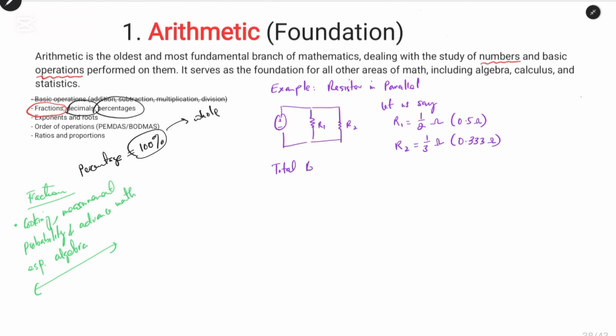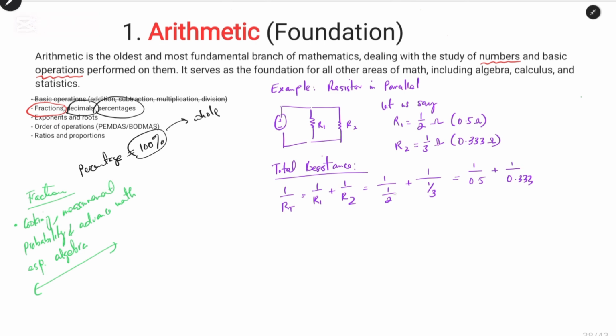total resistance. In that case, we have a formula. 1 over the total resistance is equal to 1 on R1 plus 1 on R2, which gives us 1 on 1/2 plus 1 on 1/3. Therefore, we can simply say we have 1 on 0.5 plus 1 on 0.333.